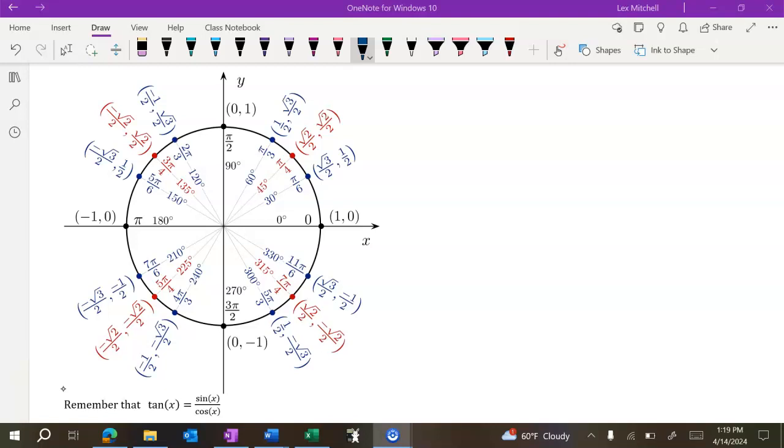Now, the one thing we got to make sure that we remember is tangent is sine over cosine. If you do not remember where that comes from, let's go back to a triangle. I just drew a quick triangle right here that we can pretend is in the unit circle somewhere. If this is our angle theta, we know that this is x on the x-axis, this is y, and this is our r, or our hypotenuse.